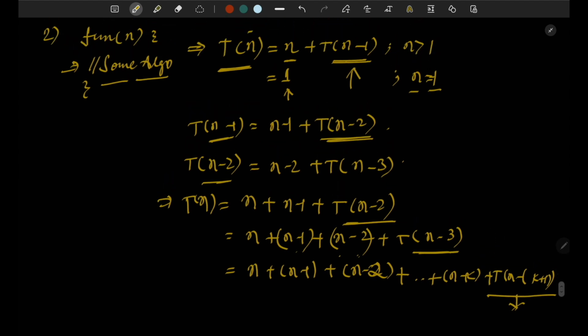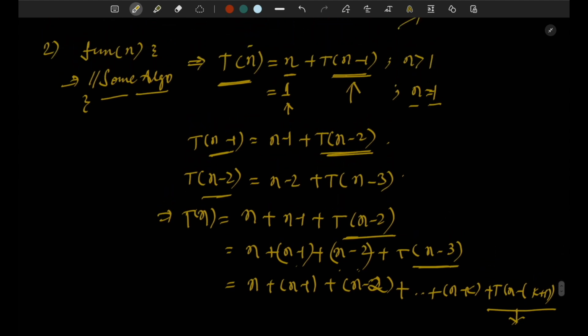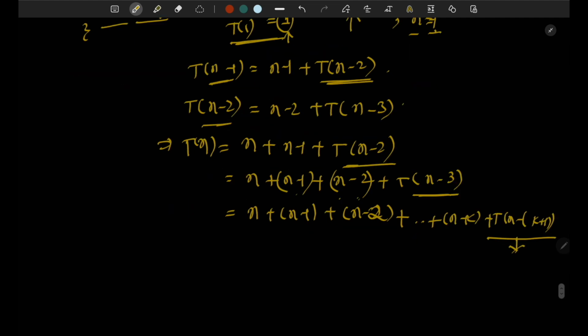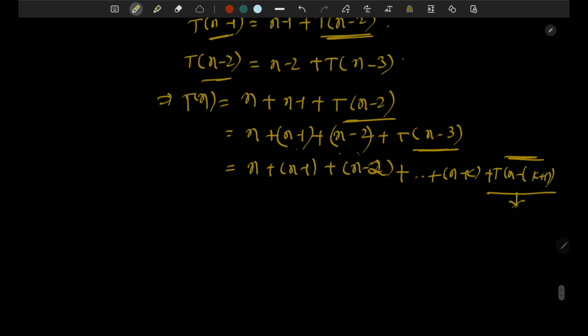And when do we hit the base case? We hit the base case when we have n as 1 and the value becomes 1. So essentially T of 1 equals 1 is the base case. For that to happen, n minus k plus 1 should be equal to 1. So let's find the value for k.